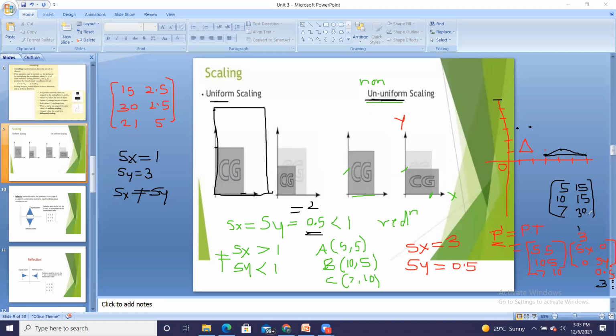Okay. And 7, 30. So on this same line, 7 and 30 is this point. So I will get this triangle as the resultant one, where height is changing to its 3 times, but the width is not at all changing. Getting it?